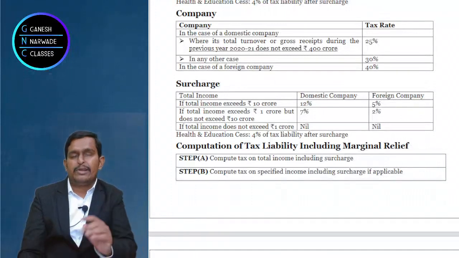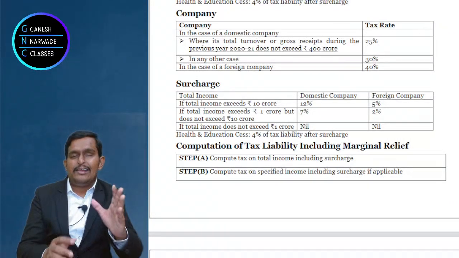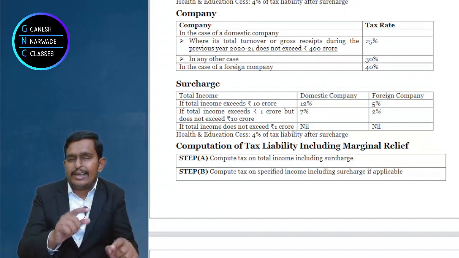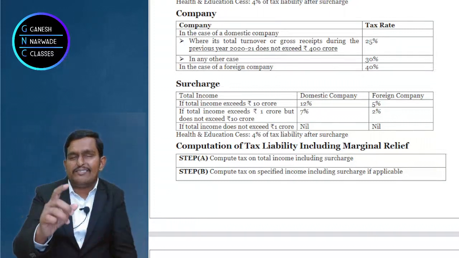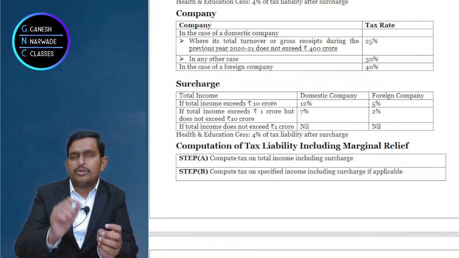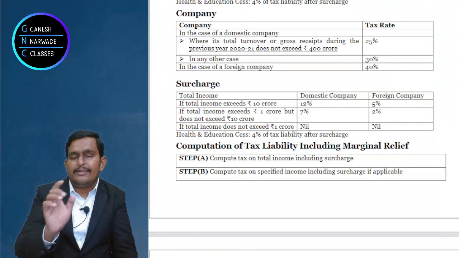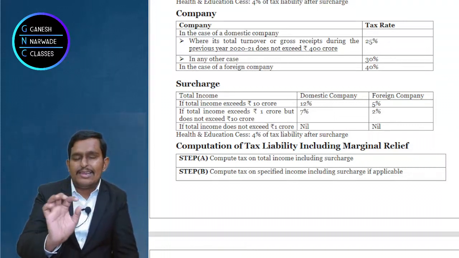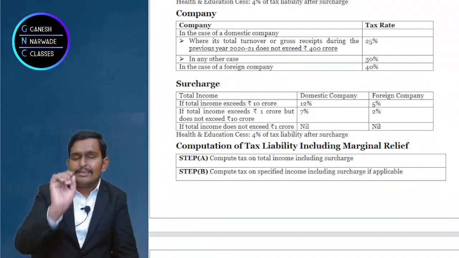So domestic company, let us recap super fast. Domestic company whose turnover in 2020-21 year is less than 400 crores, 25% tax rate, and if turnover is more than 400 crores, only in that case it is 30%.